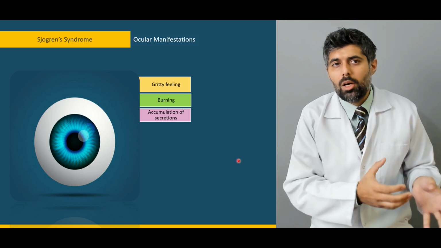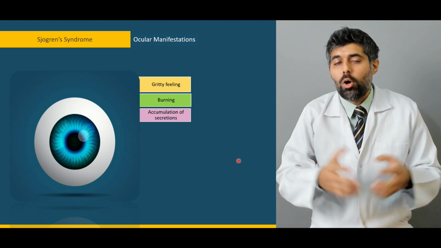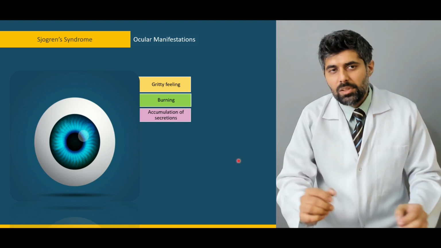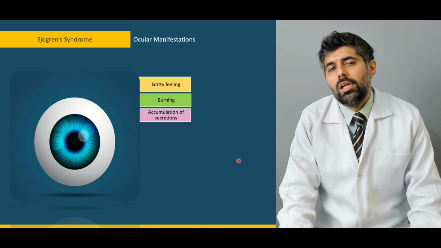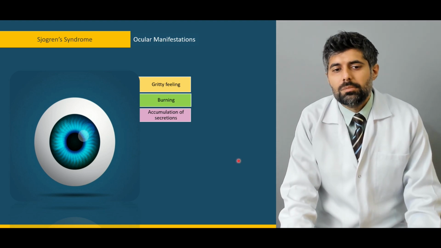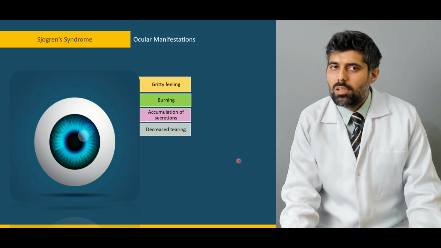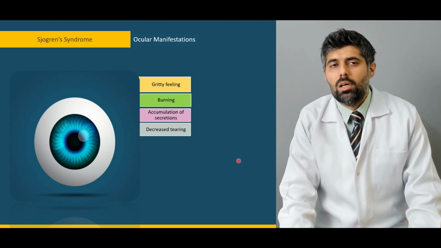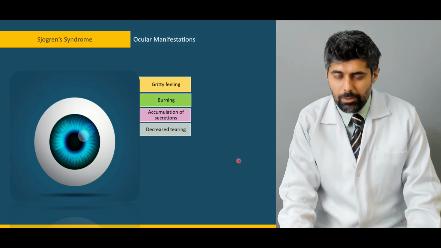And because there are no tears to dilute them and to spread them evenly on the eyes, we have this sometimes even toxic accumulation of secretions. Next, decreased tearing. Again, because the lacrimal gland is dysfunctioning, tears are not easily produced.